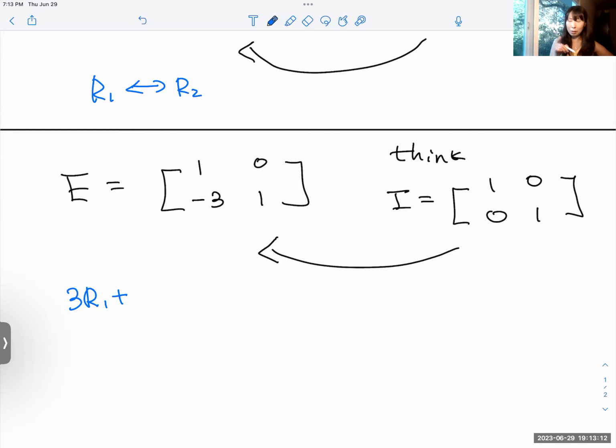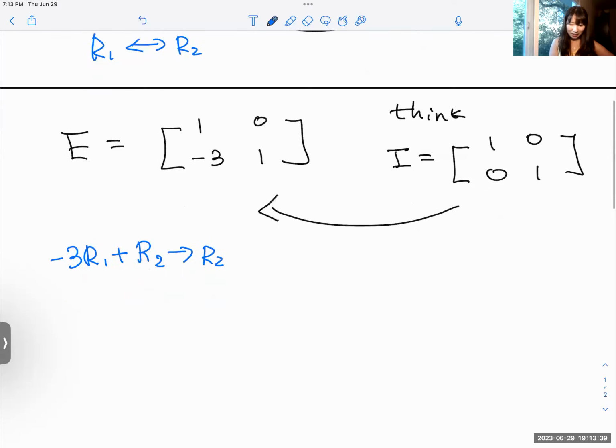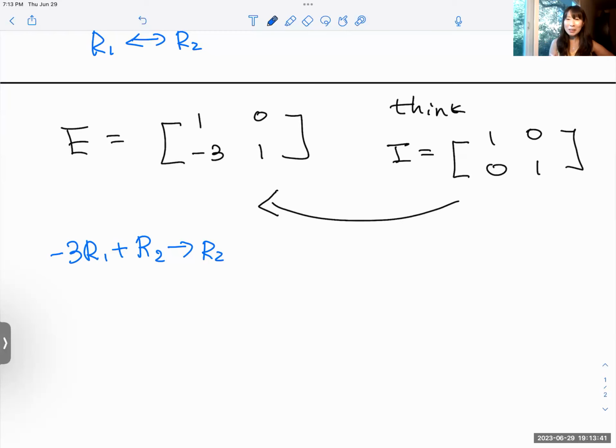Plus row 3, right? Oh no, we don't have row 3. Is it correct? Yes, oh, negative, I forgot the negative. Okay, so you guys okay with this?